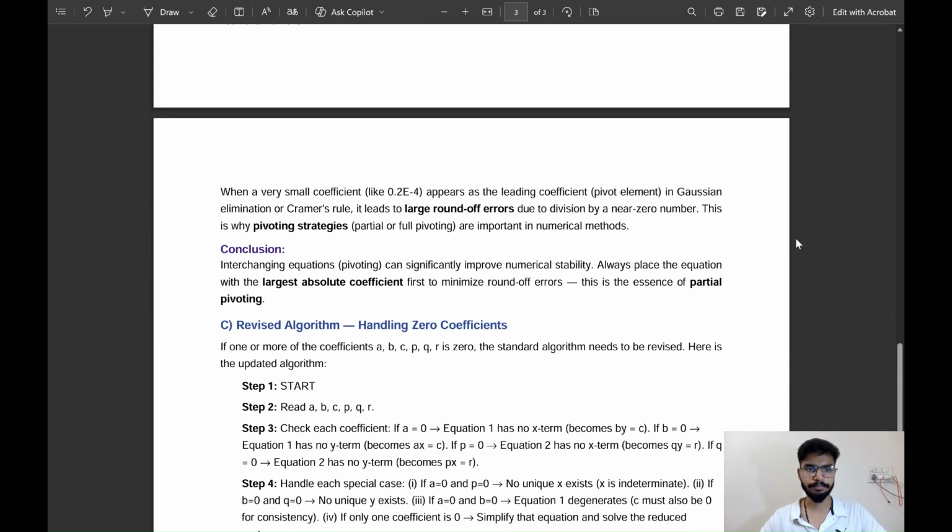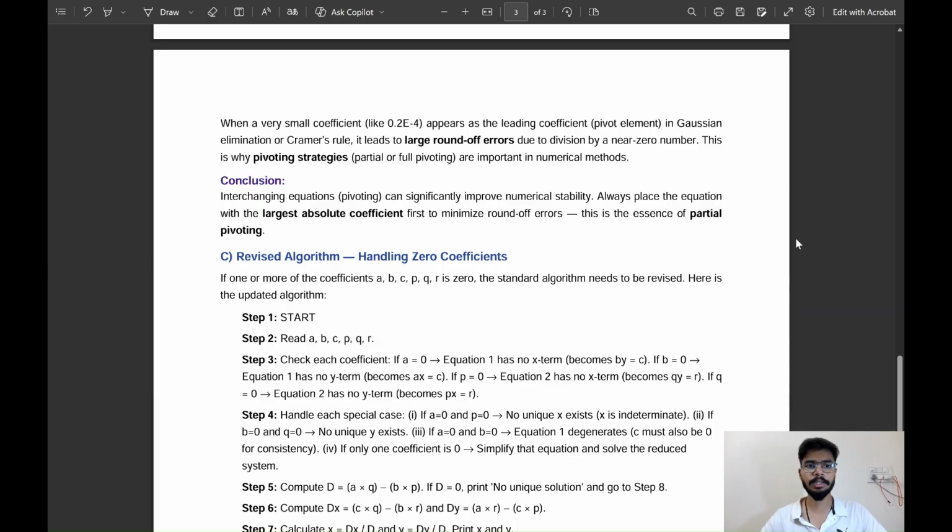The conclusion is that interchanging equations, pivoting, can significantly improve numerical stability. Always place the equation with the largest absolute coefficient first to minimize round-off errors.